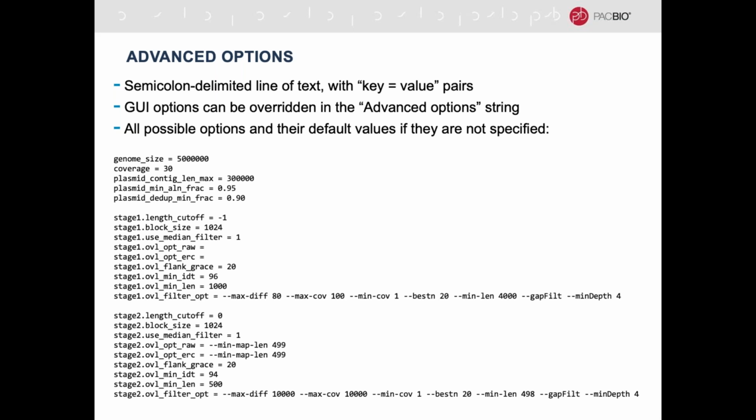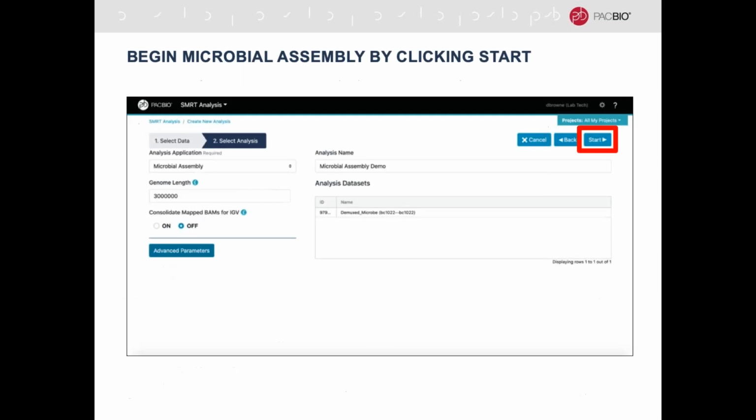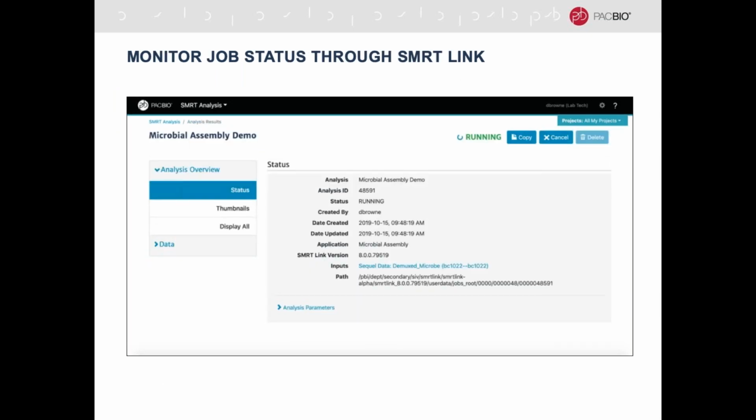The parameters have been pretty well tuned, and as you can see in the beginning, I was able to assemble all 48 of those demultiplexed barcode data sets into the one contig. But I just wanted to point this out. If you do want to make changes, these are the parameters that you can alter, and now you have this for reference. So once you've entered all of your options, you just click Start, and it is good to go.